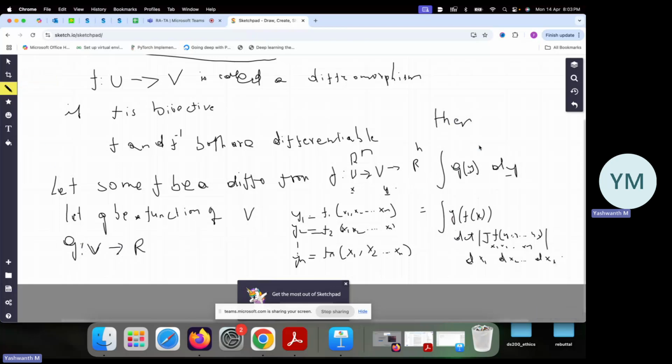So this is the change of variables formula.